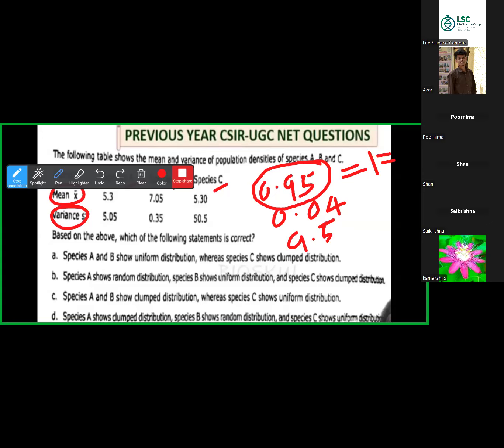If variance by mean ratio is 1, then population shows what type of dispersion pattern? Random. Can we do that in every question? Can we round off? You can round off.